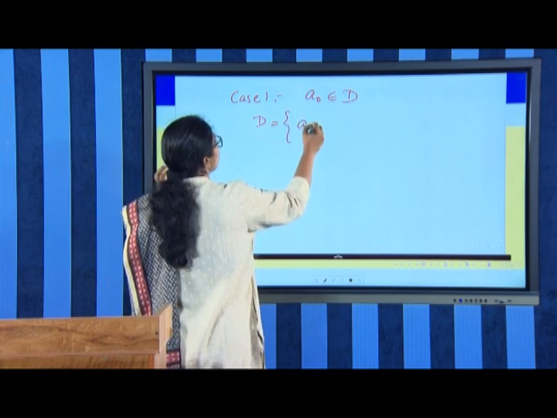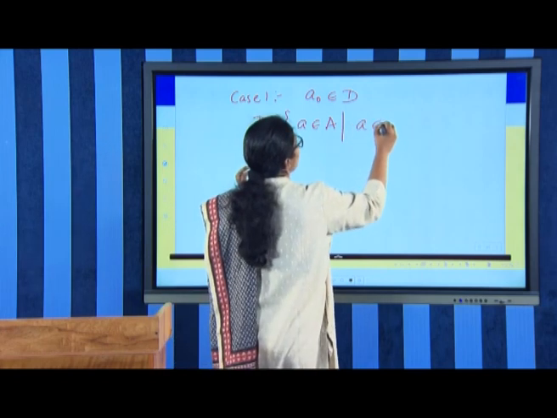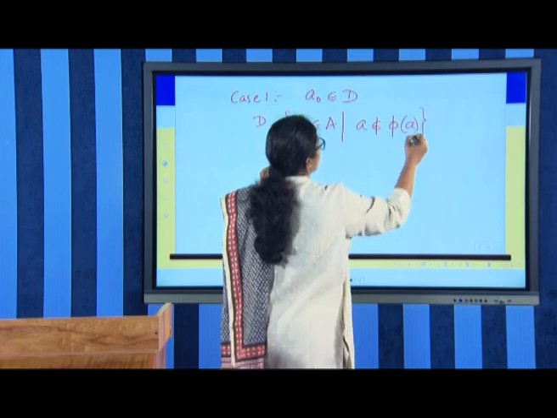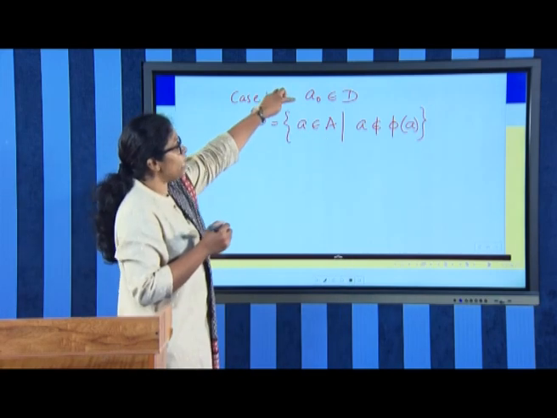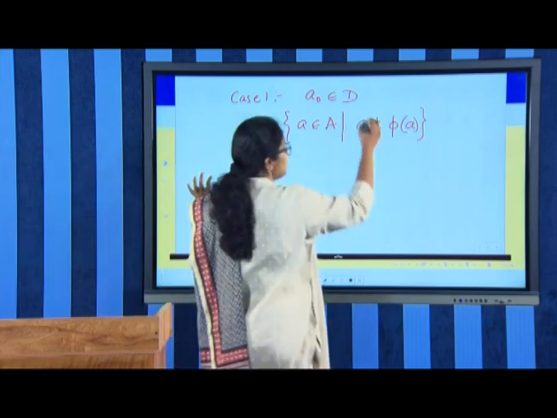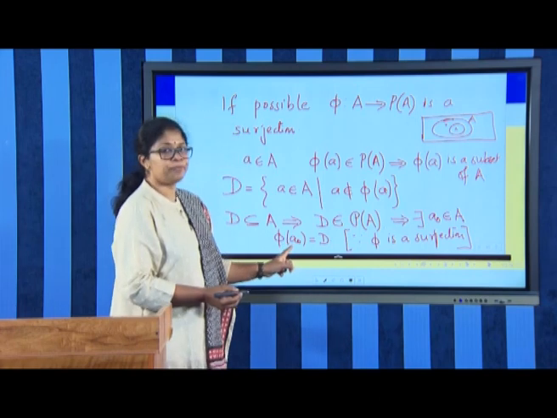D was the set of all elements in A for which a does not belong to phi of a. So, we have taken the case a naught belongs to D, and D is actually phi of a naught.